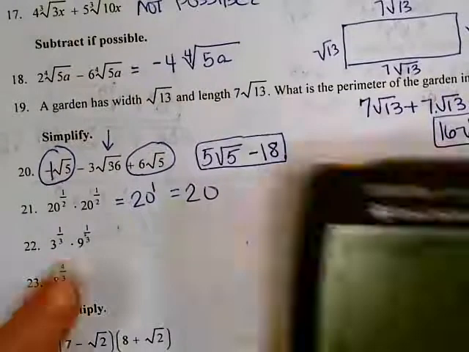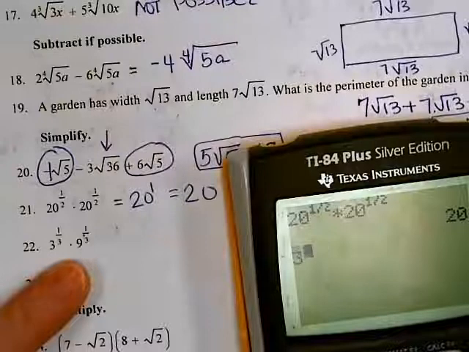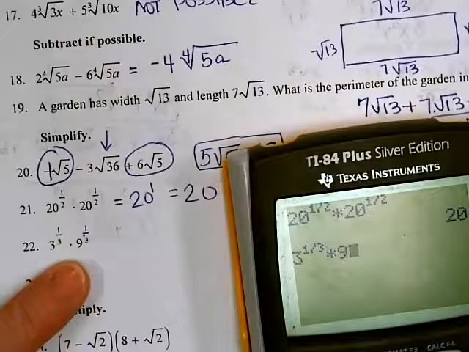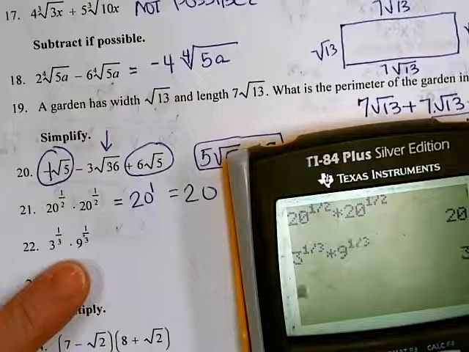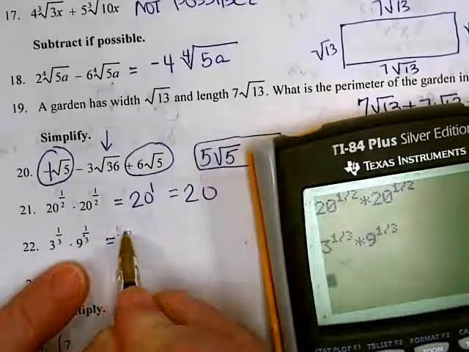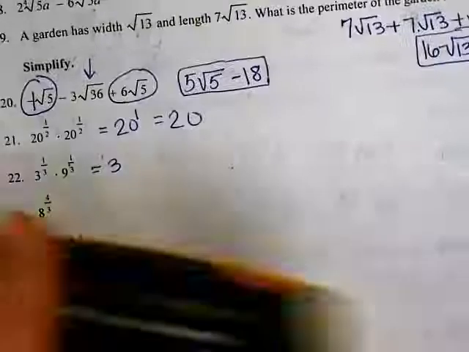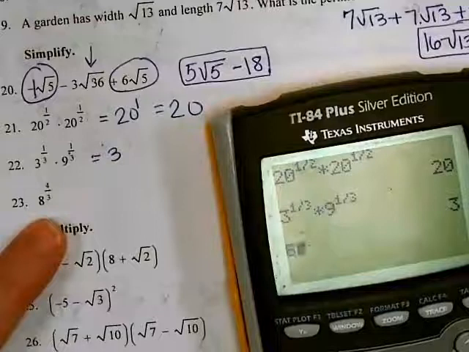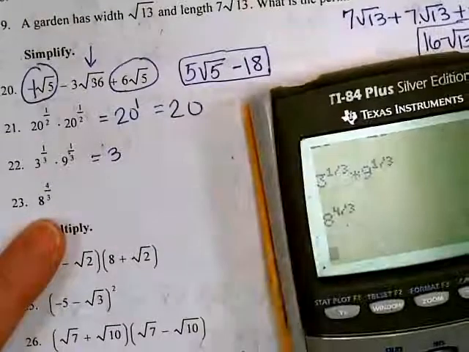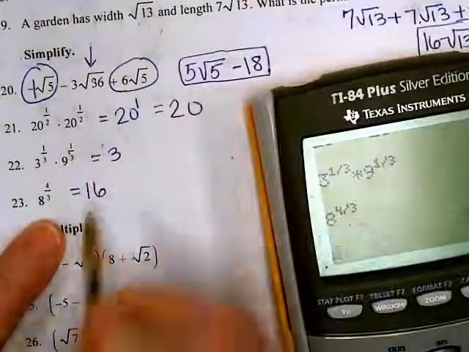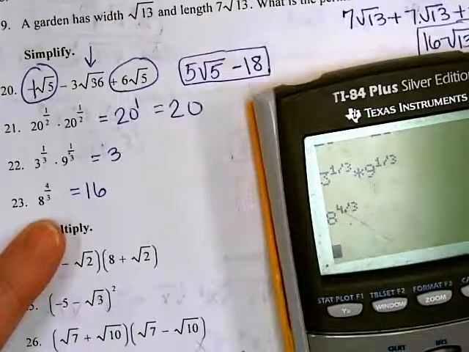Now, 22, 3 to the 1/3 power times 9 to the 1/3 power. Answer here is 3. What about 23? 8 to the 4/3 power. 16. Any questions on that section?